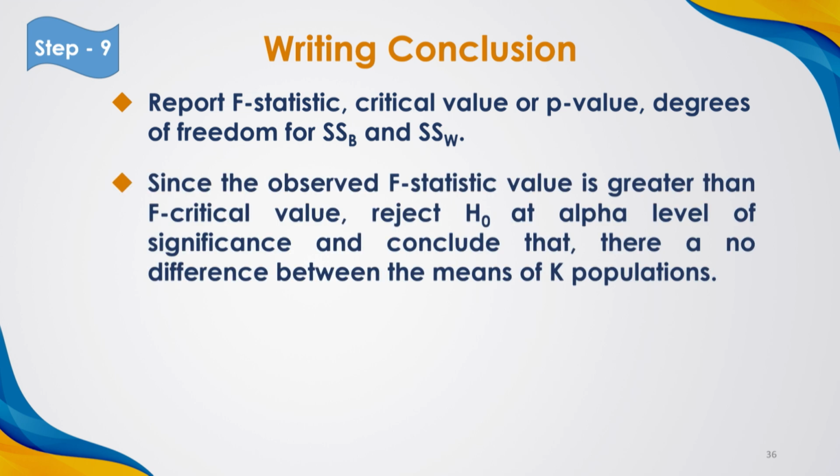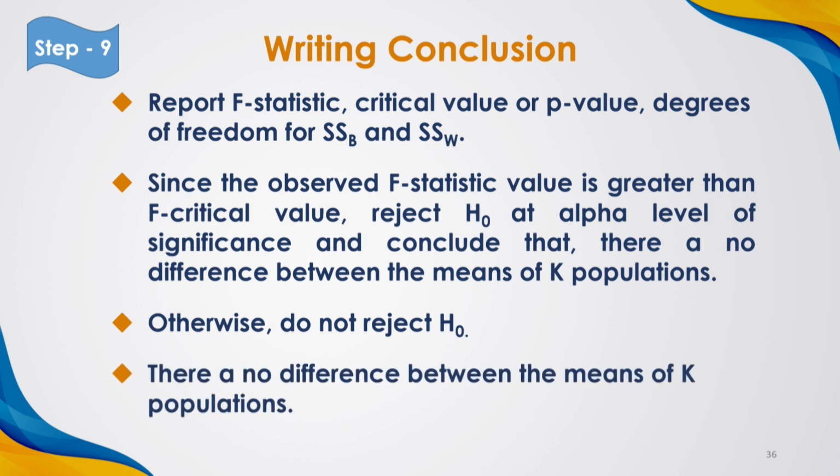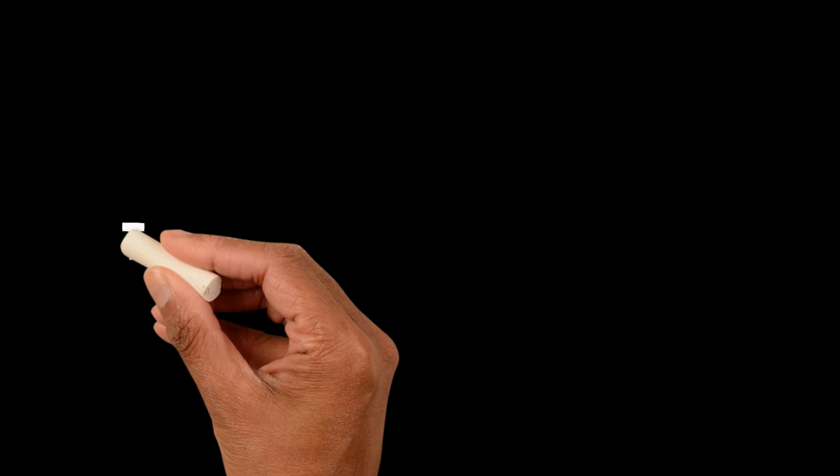If your observed F statistic value is greater than the F critical value, then you reject H naught at the alpha level of significance and conclude that there is a difference between the means of the K populations. Otherwise, you do not reject H naught and you conclude that there is no difference between the means of the K populations.